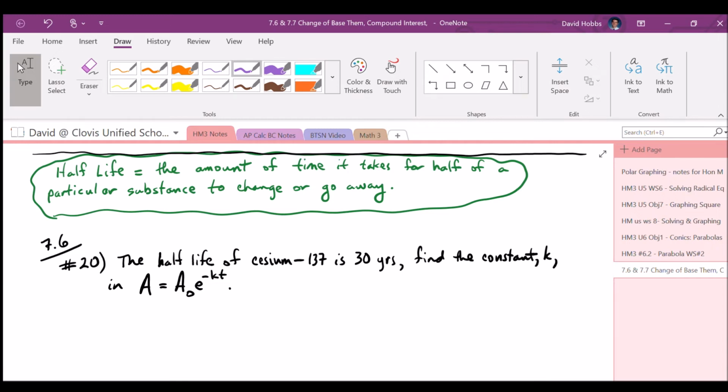Now, whatever formula they give you, having this A sub 0 thing, that's a very common thing to show up in the formula. What does that mean? So when they have that sub 0, it's the A, which amount, it's the amount at time 0. The amount at time 0. Oh, in other words, the initial amount.